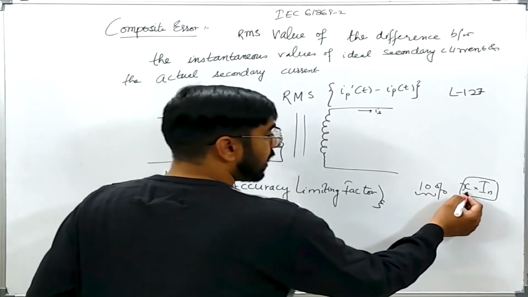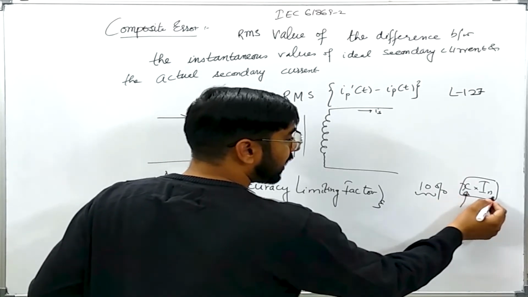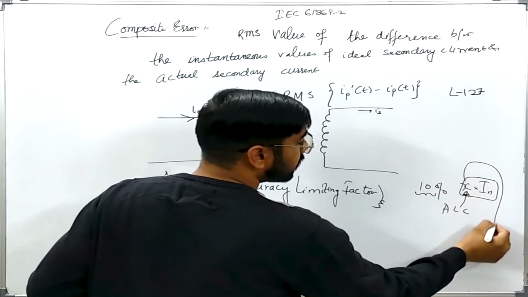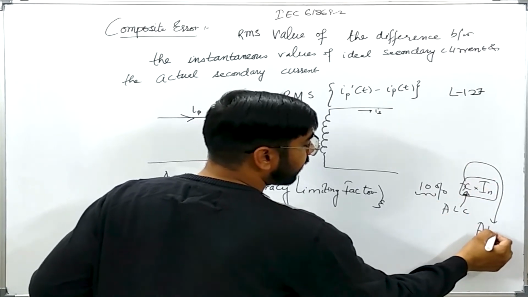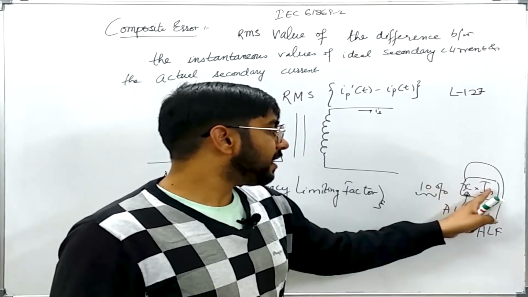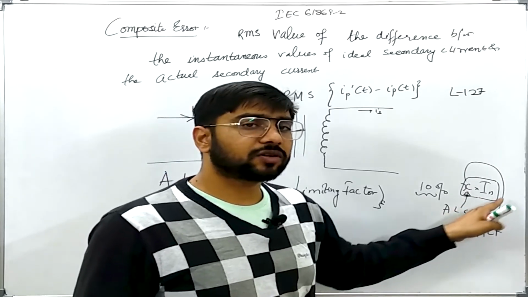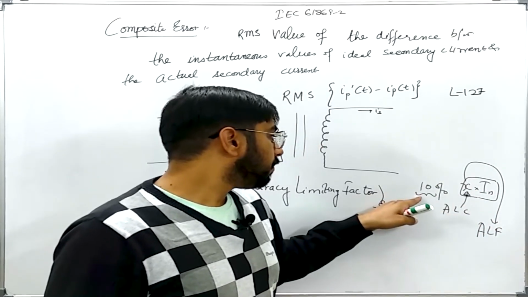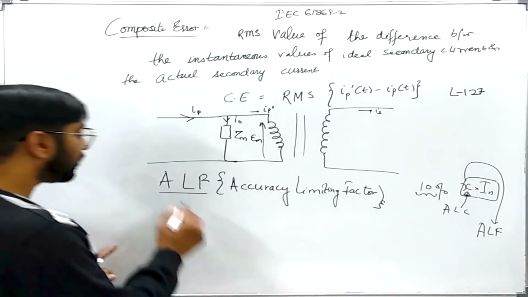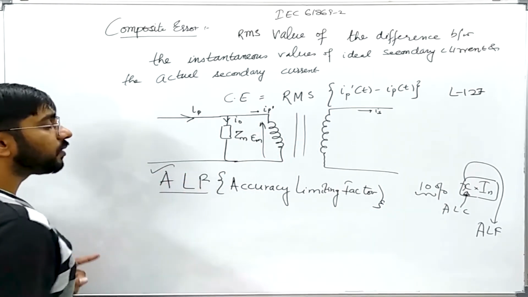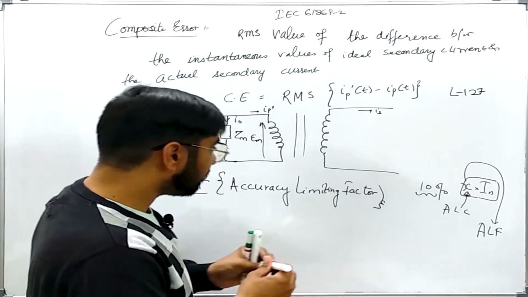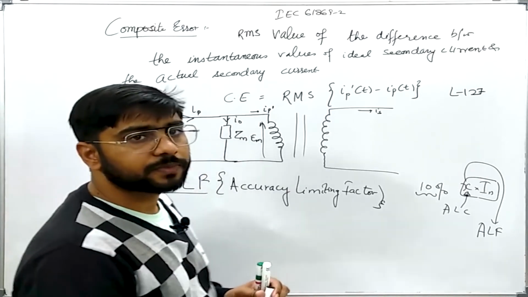So this X times the rated current is called the accuracy limiting current, and this X is called the accuracy limiting factor. That is the maximum factor by which the current can exceed the normal value, but the error will remain within the guaranteed limits. Okay. So that factor is called the accuracy limiting factor for the given CT. This term is usually used in protective CTs.